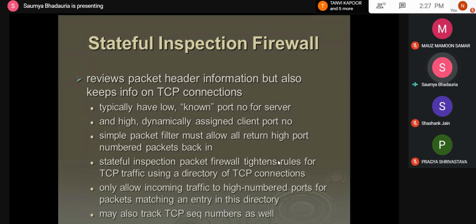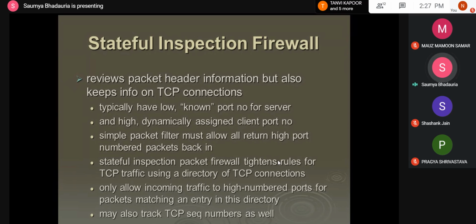In general, when an application which uses TCP creates a session with a remote host, it creates a TCP connection in which the TCP port number for the remote application server would be a number less than 1024, and the TCP port number for the local application would be a number between 1024 and 65535.